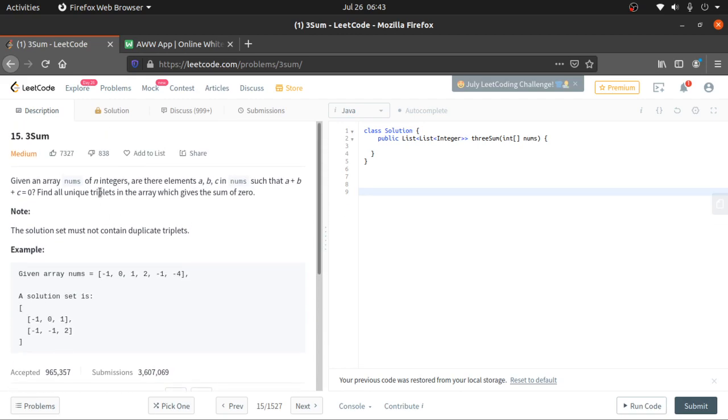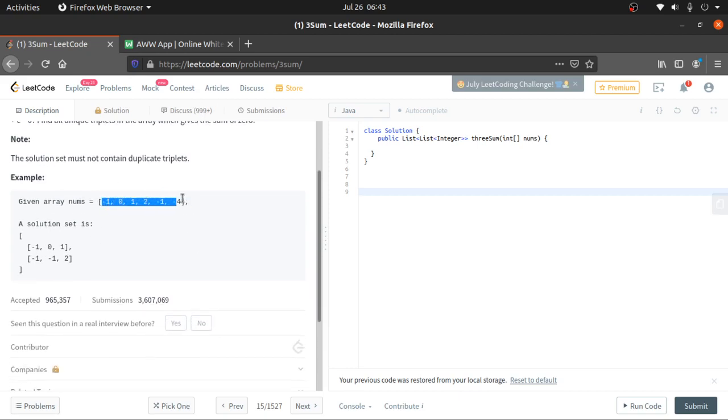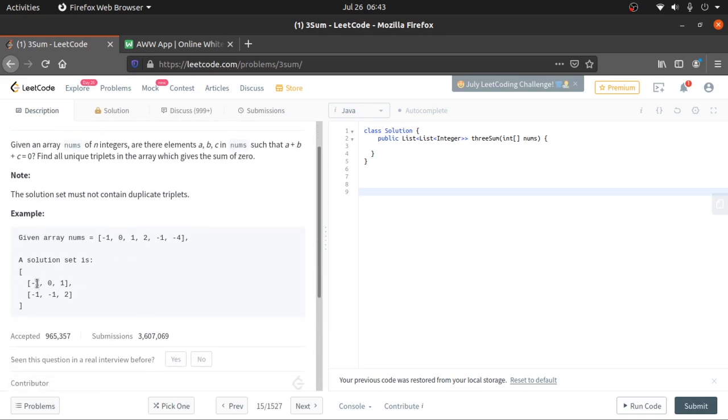So what the question is saying is basically we are looking for three numbers and they're going to add up to 0. A plus b plus c should be 0 and these numbers should be in this nums array. So how are we going to solve this question? We are given an array of nums and we need to return a list of integers, and we are returning 0, 1 and -1.